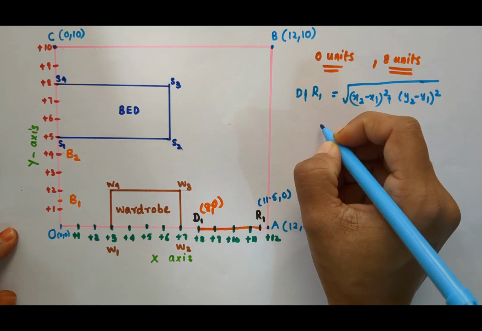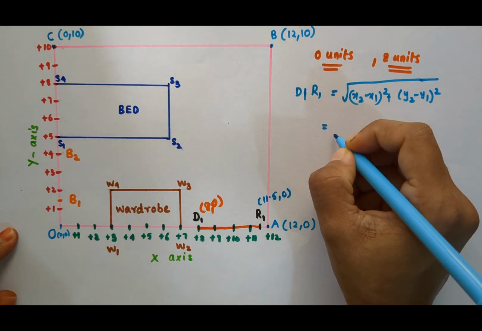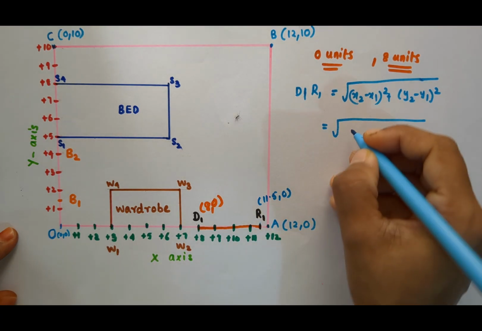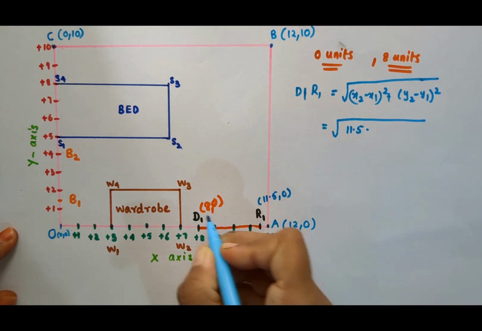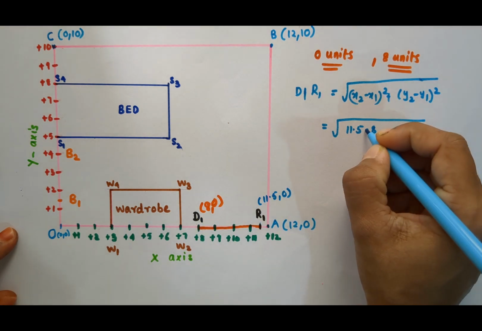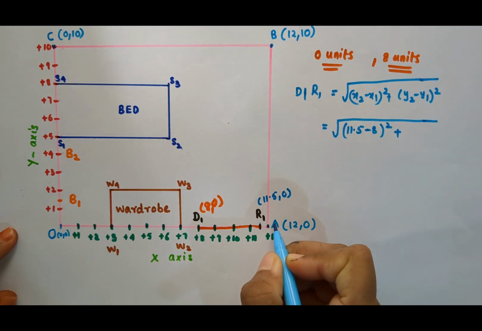So here, the width of this door, that is the distance between D1 and R1, will be equal to the square root of, the x coordinate of R1 is 11.5 minus the x coordinate of D1 which is 8, so (11.5 minus 8) the whole square, plus (y2 minus y1).